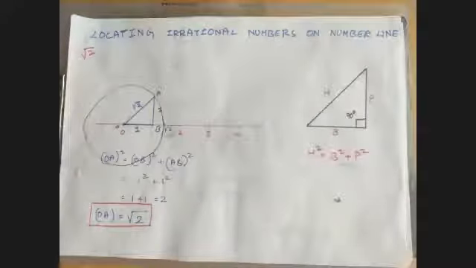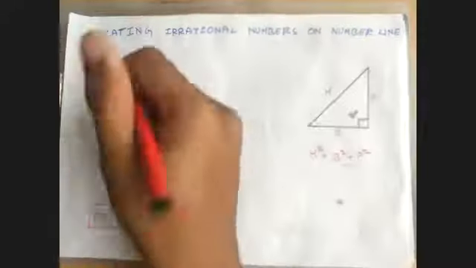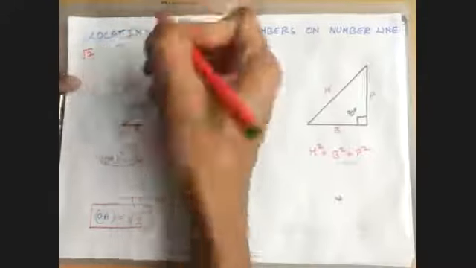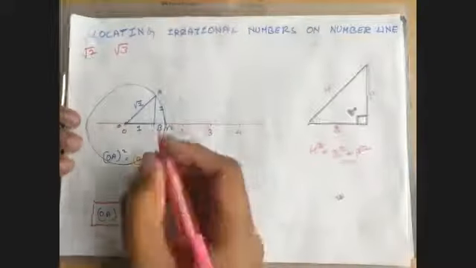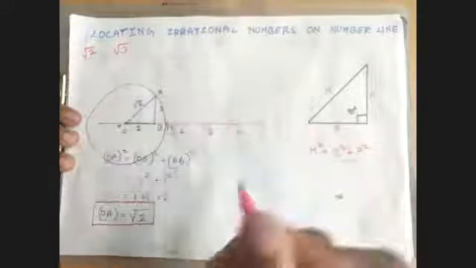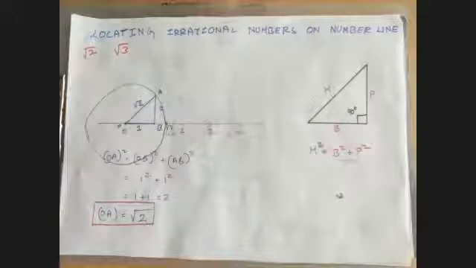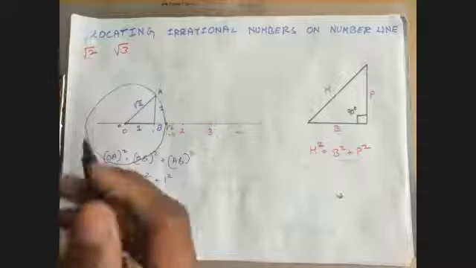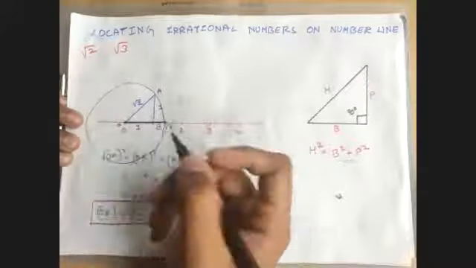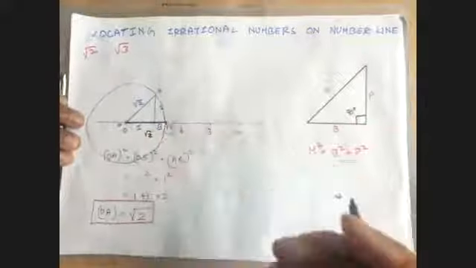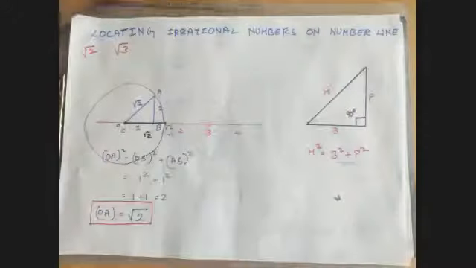Now let me mark the value of root 3. So how do I do this? Again, now I know the value of root 2. Root 2 is around here. So I again draw a line of length root 2 and I draw a perpendicular to that.